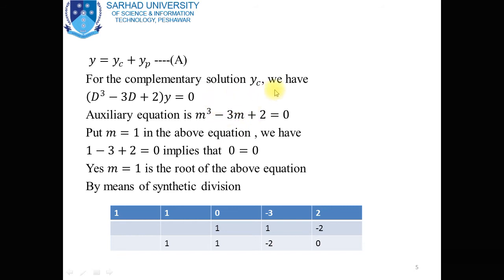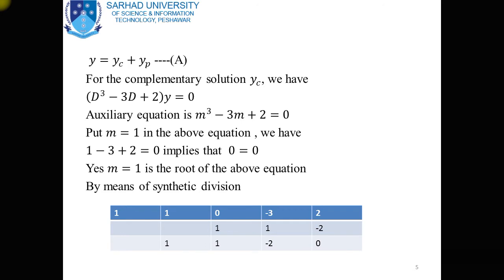The roots of this polynomial may be real and unequal, may be real and repeated, may be complex and unequal, and may be complex and equal. So to check the nature of the roots, first of all find the roots of this polynomial, then we will check their nature. For real and different roots, the complementary solution takes the form c1 e power m1x plus c2 e power m2x plus c3 e power m3x.